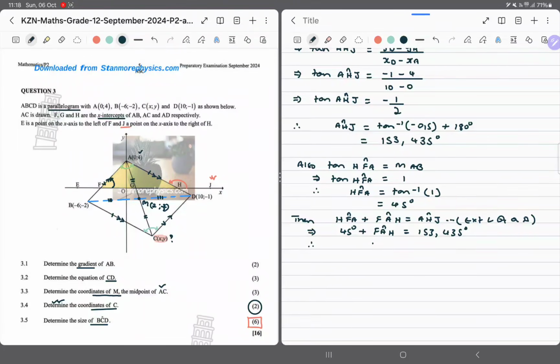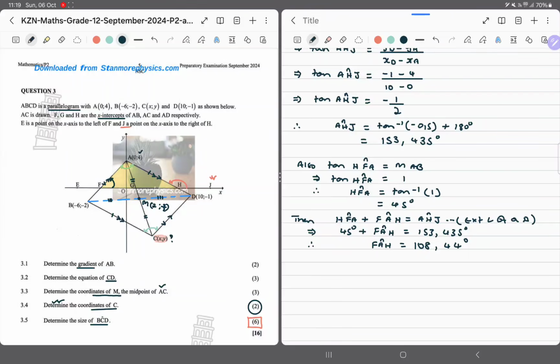We can say therefore our FAH is equal to, now we're not going to waste time here, 153,435 minus 45 gives us 108,4. Now we can do to 2 decimal places because this is almost the final answer.